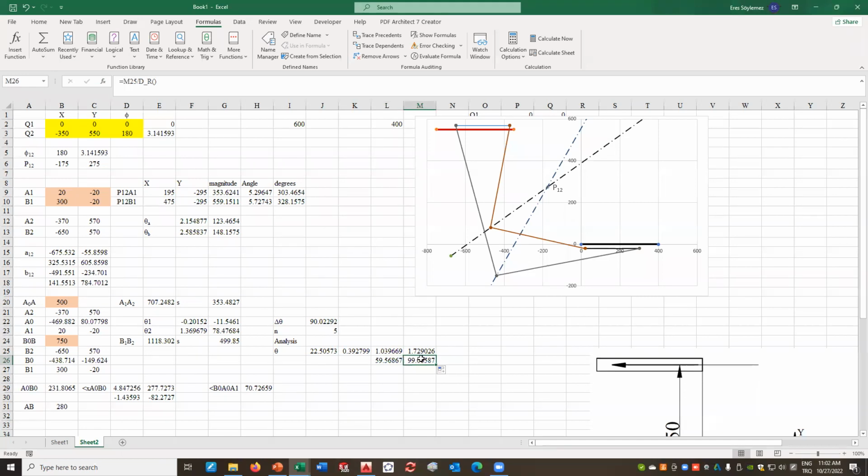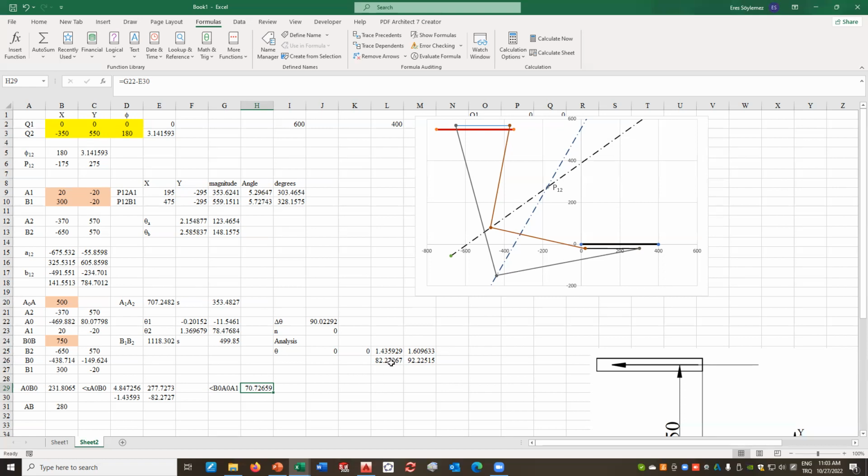If I make it 0, notice theta 1,3 is 82 degrees, theta 1,4 is 92 degrees, whereas theta 1,3 is horizontal. Am I correct? It is horizontal.